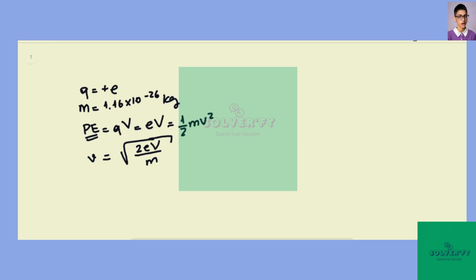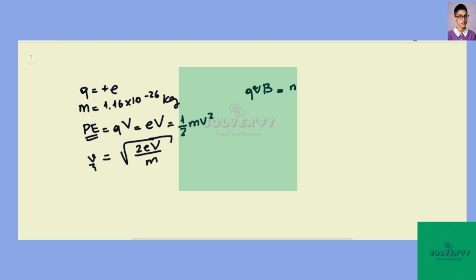And now after the ion reaches this certain speed, it is entering an external magnetic field. The external magnetic field is going to exert a magnetic force on it with magnitude qvB, v being the speed, right?